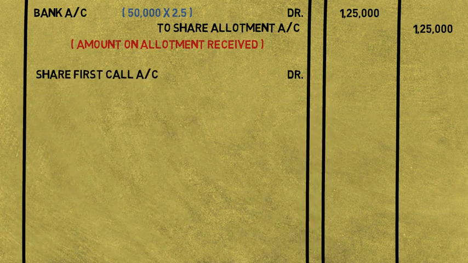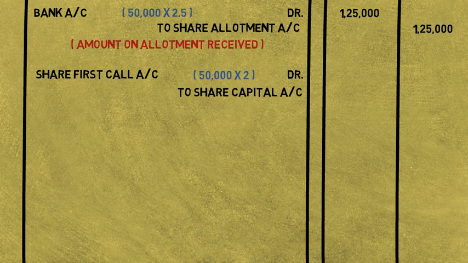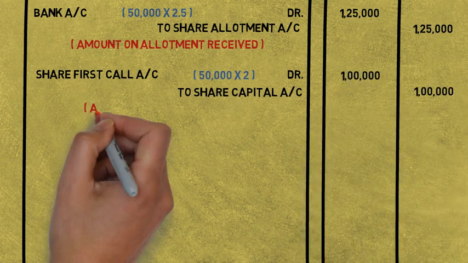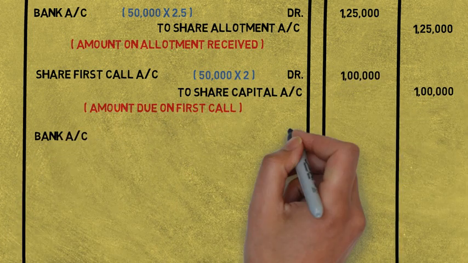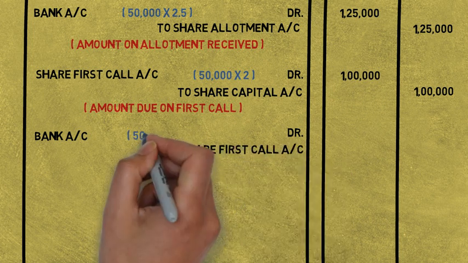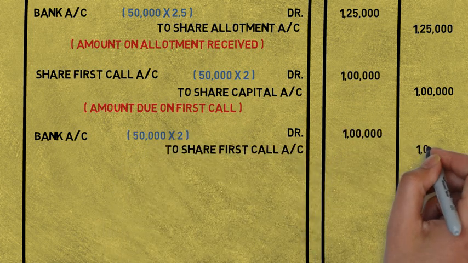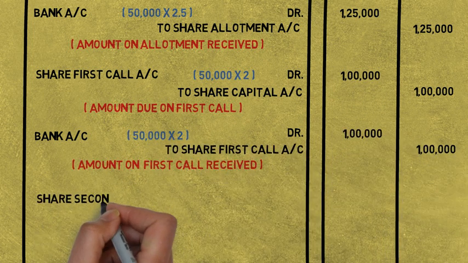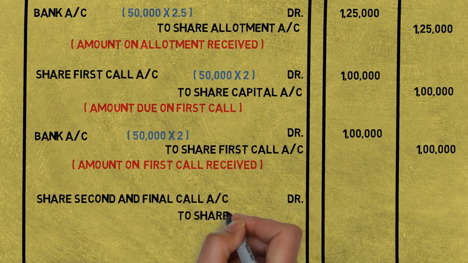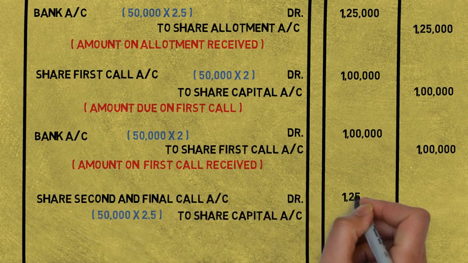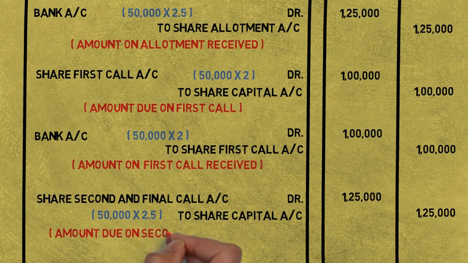Now this process will be continued till our last call, that is share second and final call. And the order of the entries will also be same as allotment, which means that first the company will make the amount due and then the amount will be received by the company.